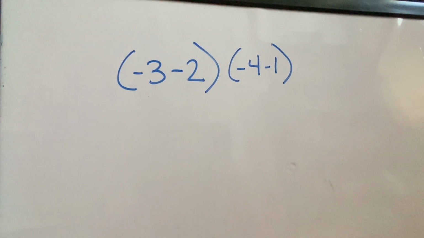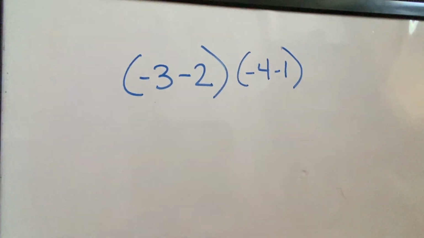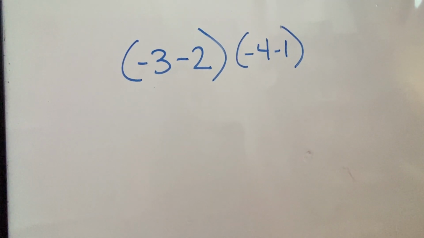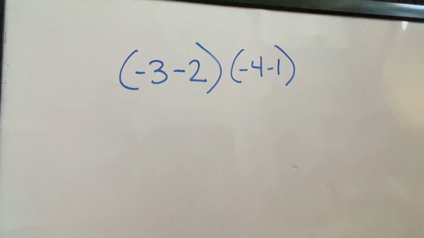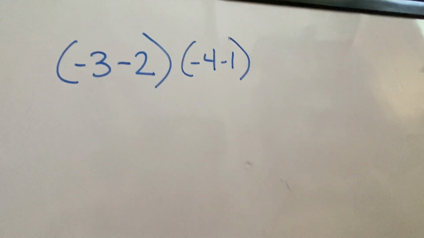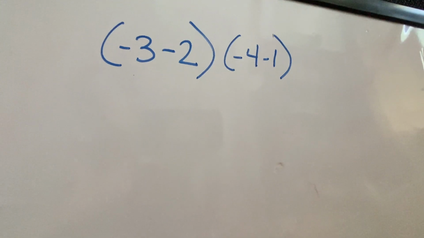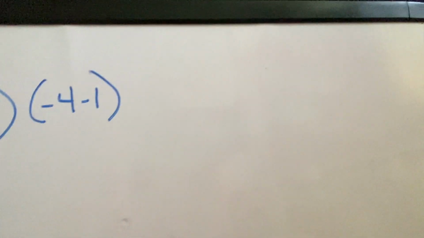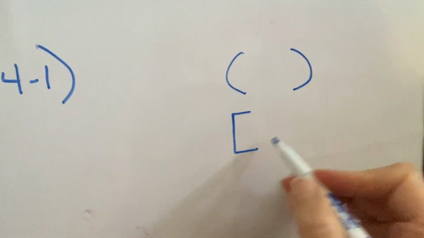All right, now we are on lesson 12, and we're going to be doing more about order of operations, but we're going to be working with things called symbols of inclusion, which are basically parentheses, brackets, stuff like that. So here's some examples. Parentheses might look like this, and then you've got brackets.